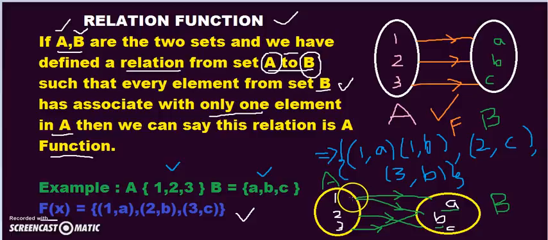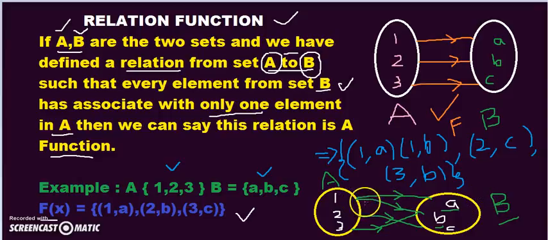That means the same element from A is associated with two elements of set B, which is wrong. There should not be two arrows from the single element of set A to the second set B.